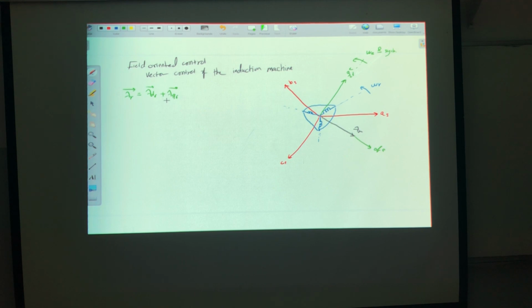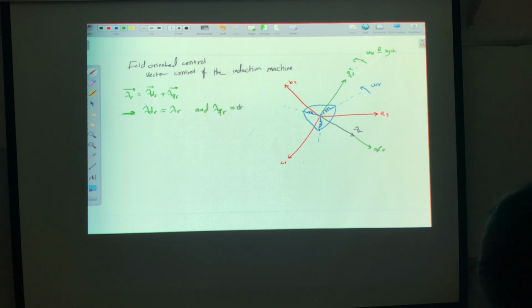From this selection, I can say that lambda dr is equal to lambda r, and lambda qr is equal to zero. So this is a good selection. And for simplicity, let's assume that lambda r is constant. The flux is constant. I need to keep the flux at a certain value, let's assume the rated value, the best condition for the machine. So let's assume that lambda r is constant.